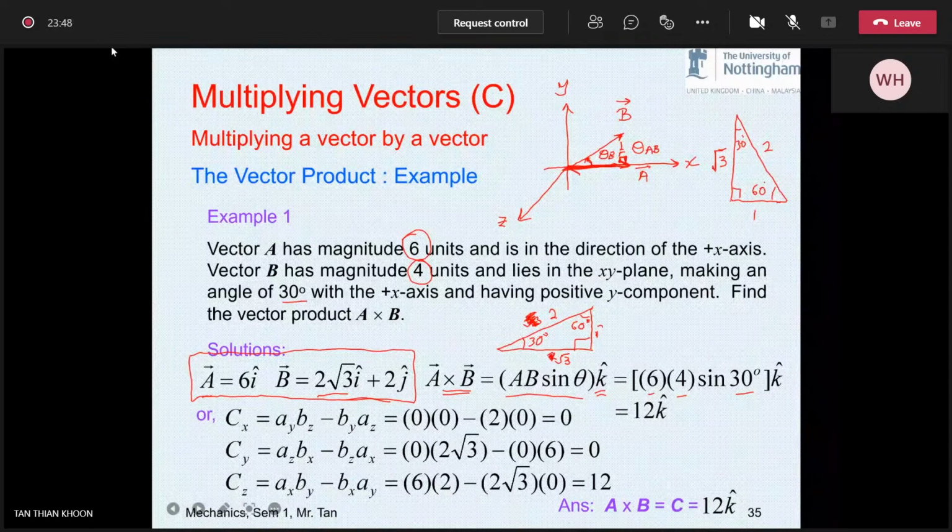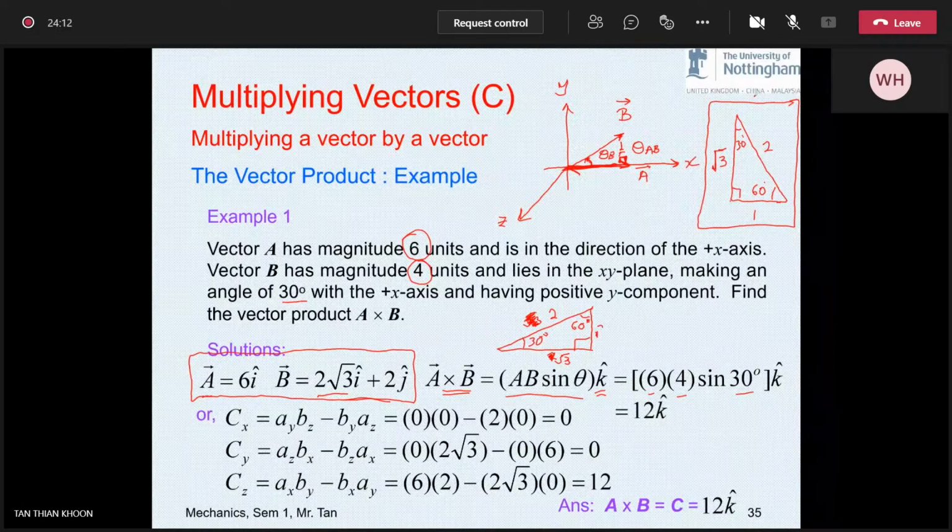If you remember this, you can always use these values every time we find sine 30, cos 30, or sine 60, cos 60. So we don't really have to place the magnitude as 6.